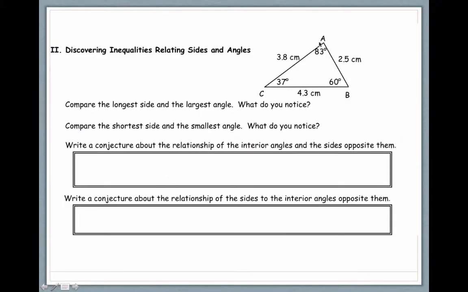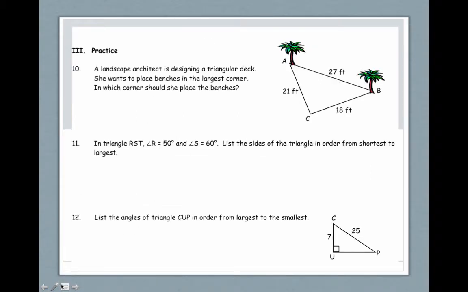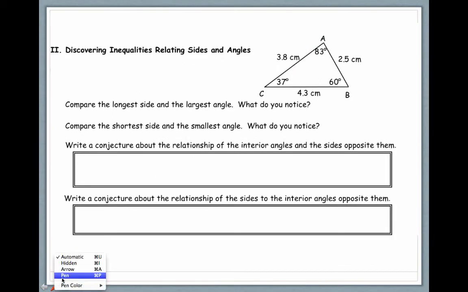Okay, so we want to look at this, and when you have a bigger angle, you're opening up more. What we want to look at is comparing the longest side and the largest angle. The longest side is 4.3, the largest angle is 83. The shortest side is 2.5, the smallest angle is 37.